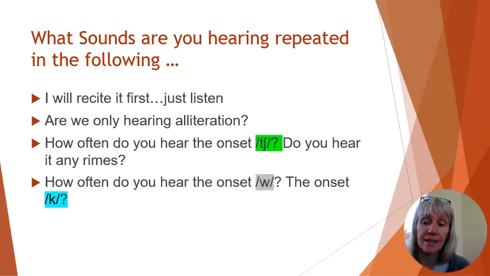Now let's try the k sound, okay? The onset again, so it's going to begin a word, the onset k, and you're listening for the k. How much wood could a woodchuck chuck if a woodchuck could chuck wood? Let's try that again.